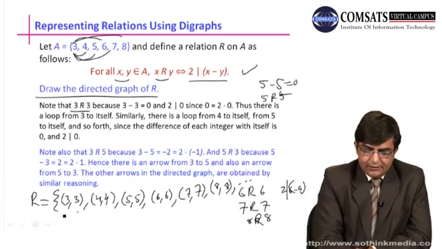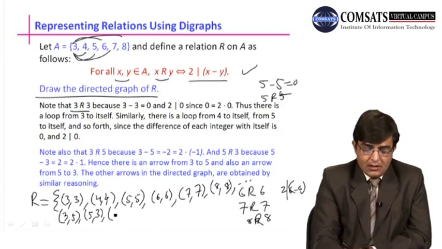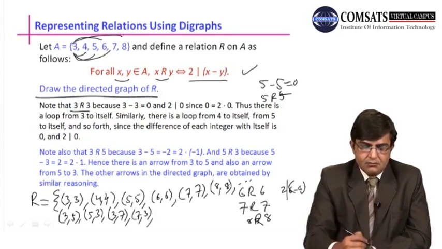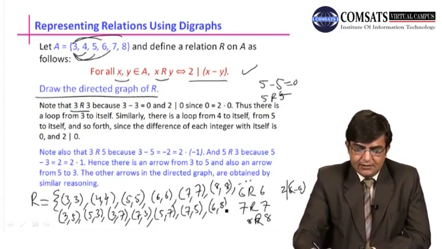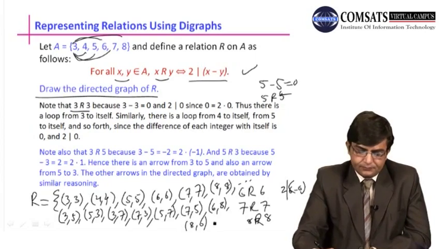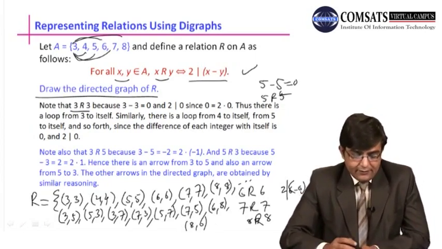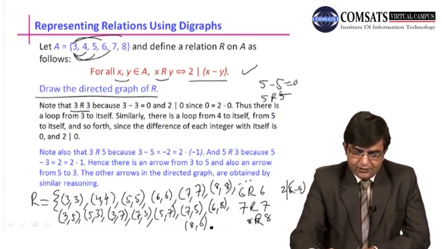Here we can write the other elements of the relation, which are (3,5), (5,3), (3,7), (7,3), (5,7), (7,5), (6,8), (8,6), and also (4,6), (6,4).